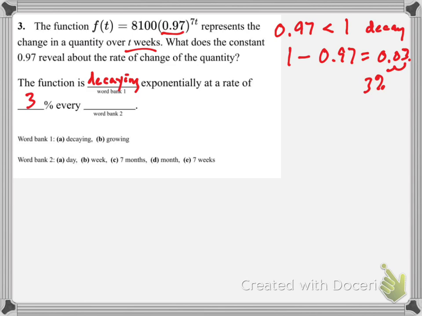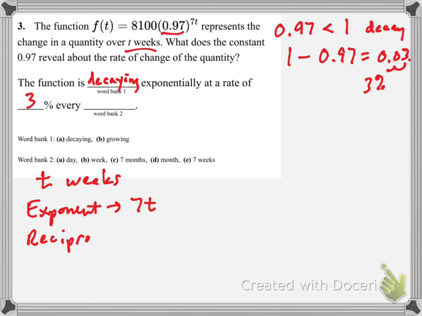Every what? Well, it's t weeks. So our exponent is 7t. Well, the reciprocal is 1/7.